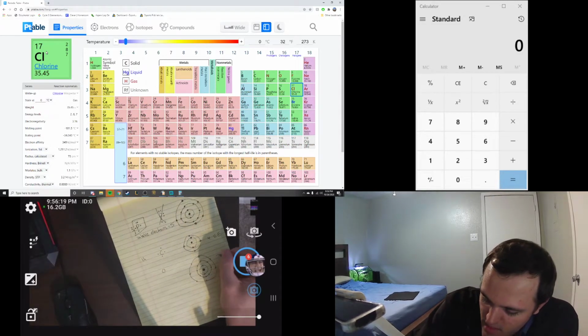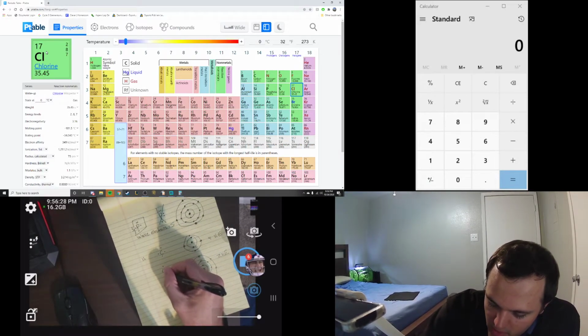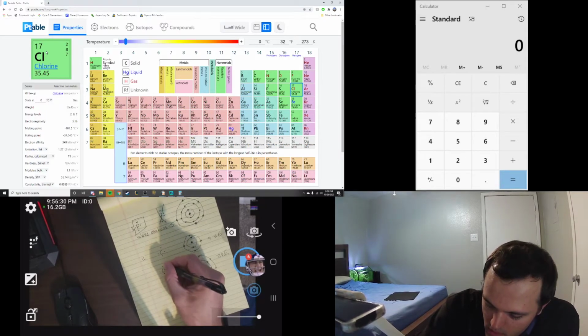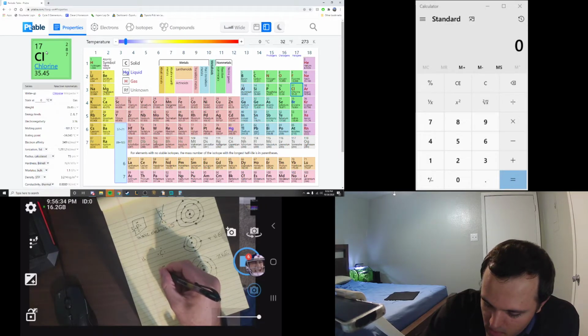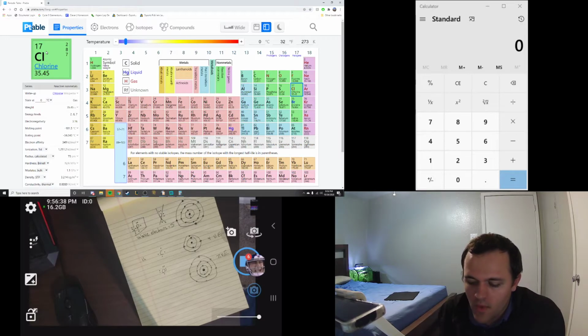Which means we have 7 valence electrons for chlorine. If we drew those in, we would go 1 on each side and then start making pairs. So we know what each of the individual atoms is going to look like.